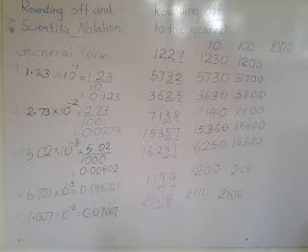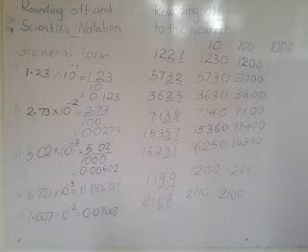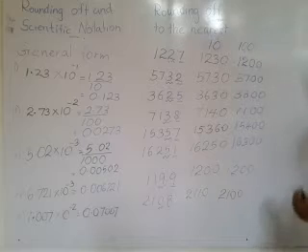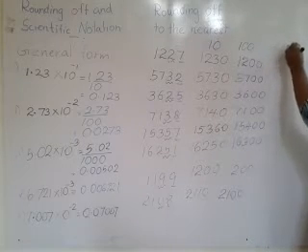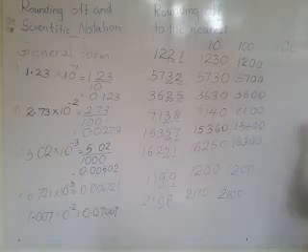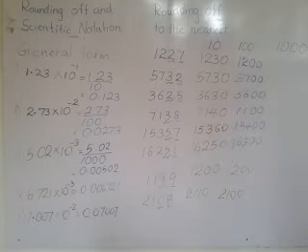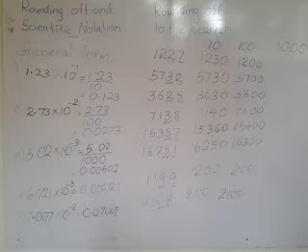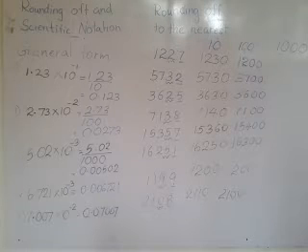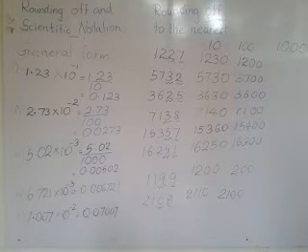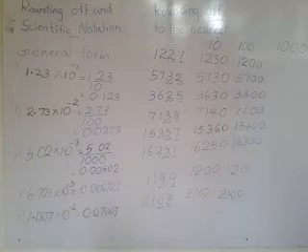Now we are going to round off to the 1000. For that, we have to consider the third digit from the back. Look at the third digit of the number. It is 27613.